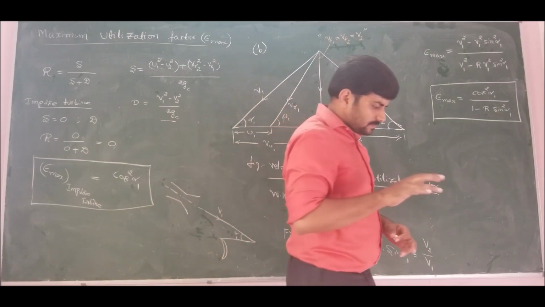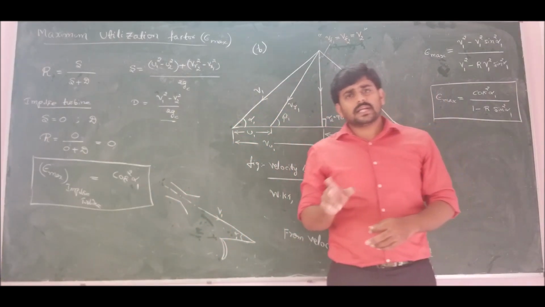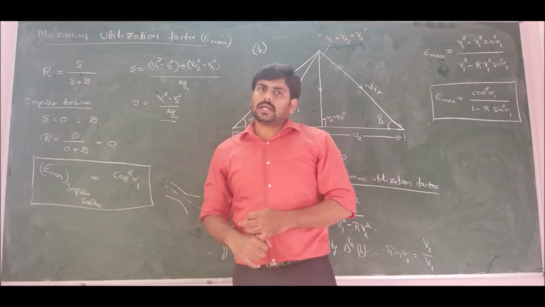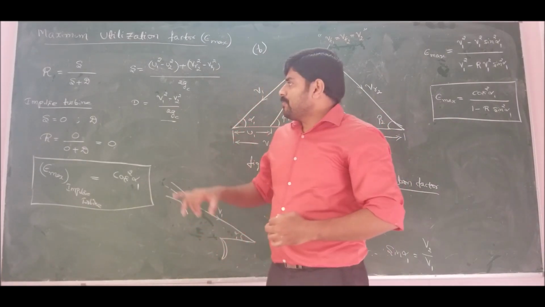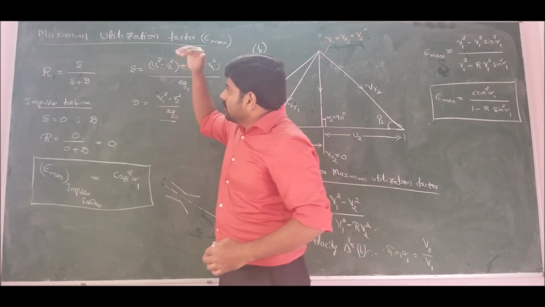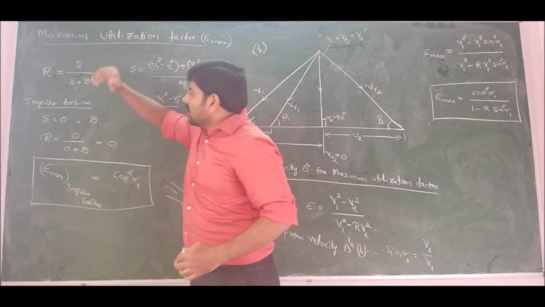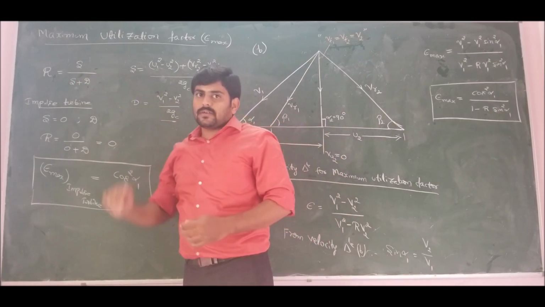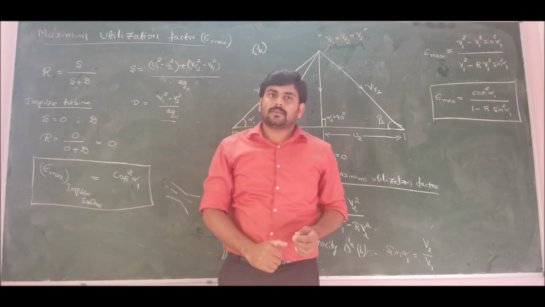Whereas in a reaction turbine, the pressure drop takes place both in the stator as well as in the rotor. So the energy transfer takes place because of the static component as well as the dynamic component.